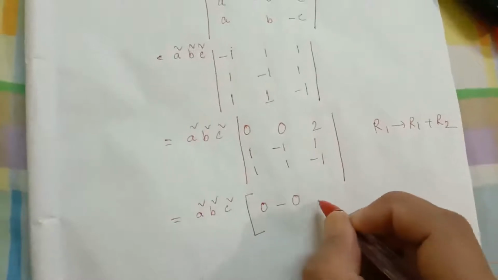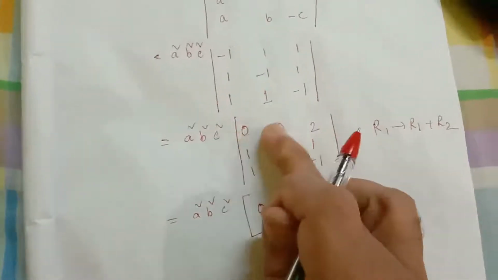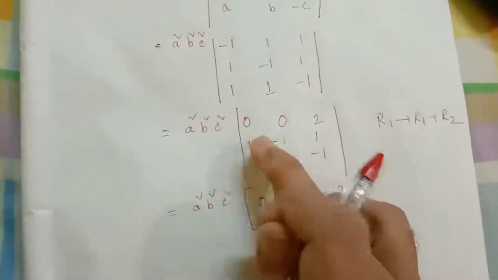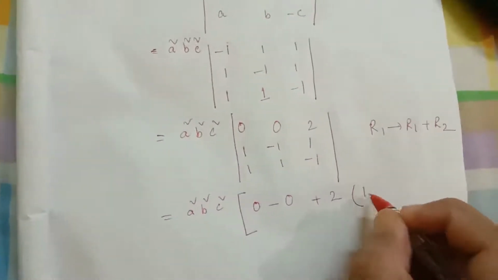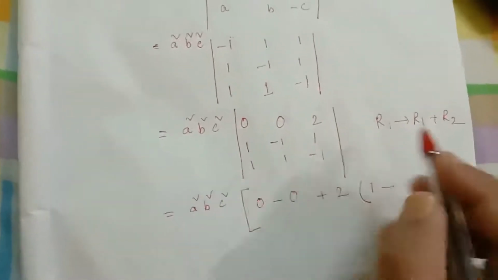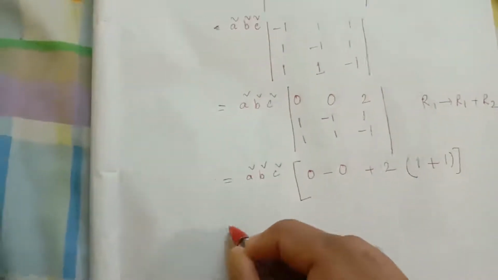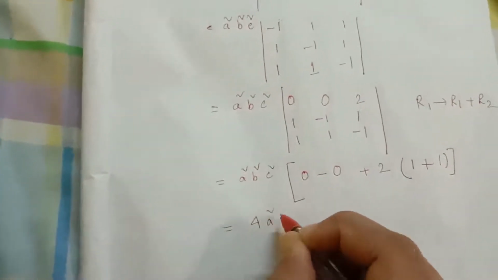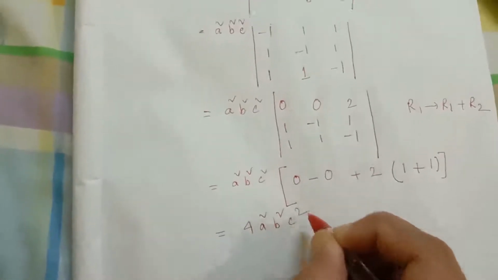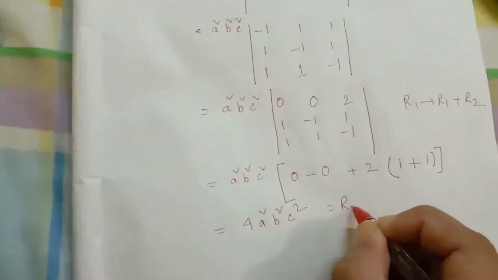Expanding along R1, plus 2 into this into this minus this into this, minus of 1. So ultimately 2 into 2 is 4, and the value of the determinant becomes 4a square b square c square, and this is the right hand side.